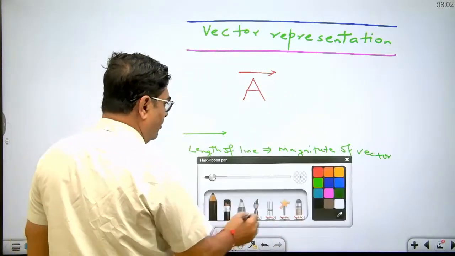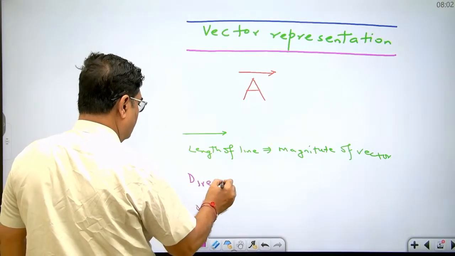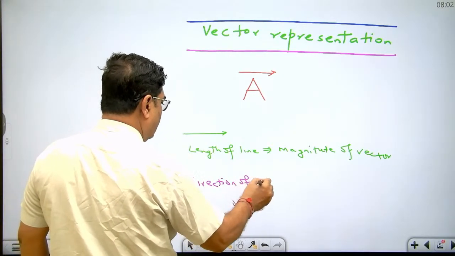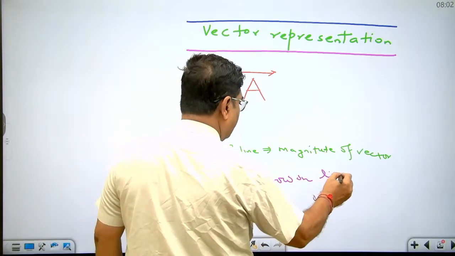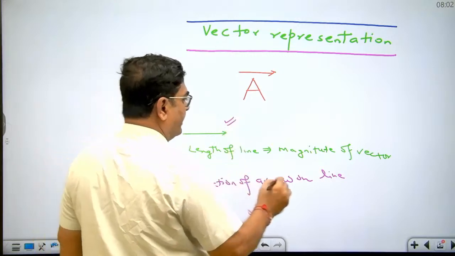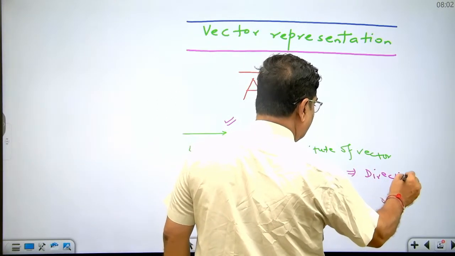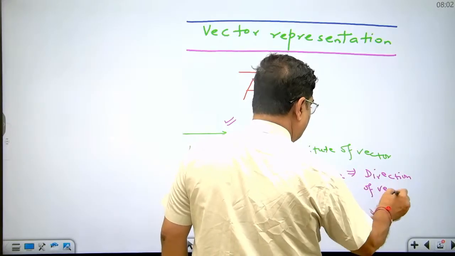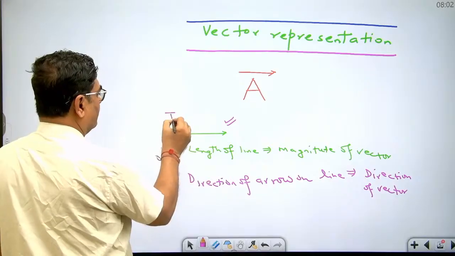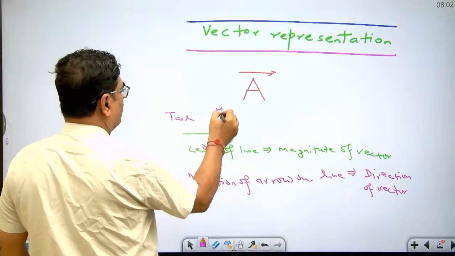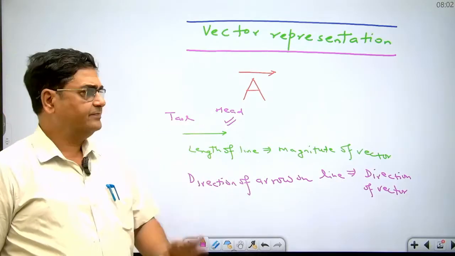And the direction of the arrow on the line indicates the direction of the vector. This point is called the tail and this point is called the head. So the direction of the vector is from tail to head, okay.